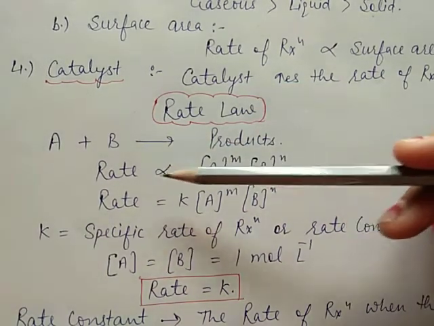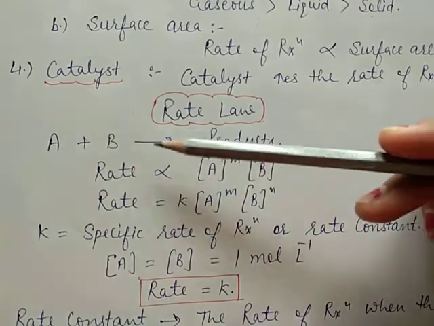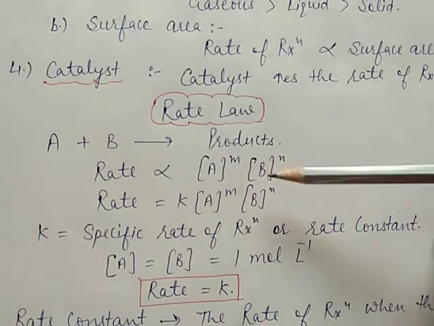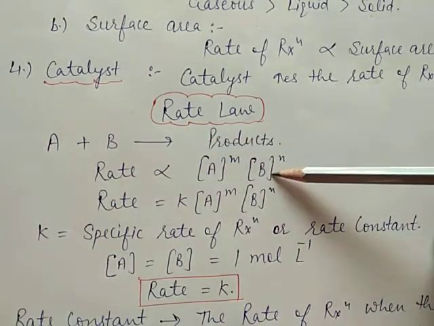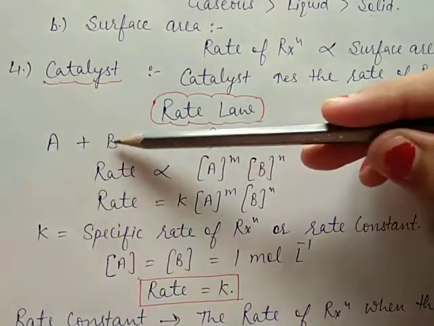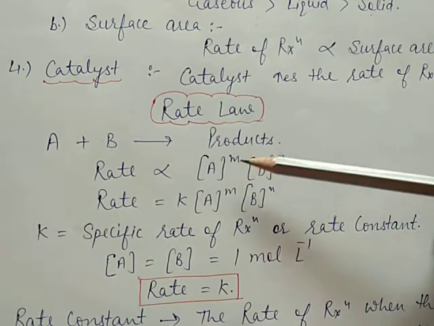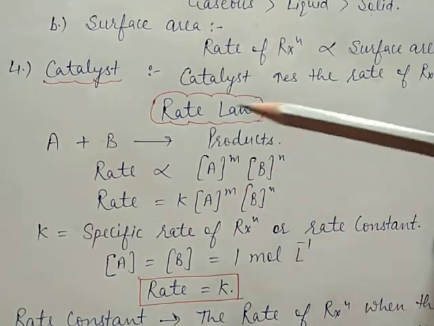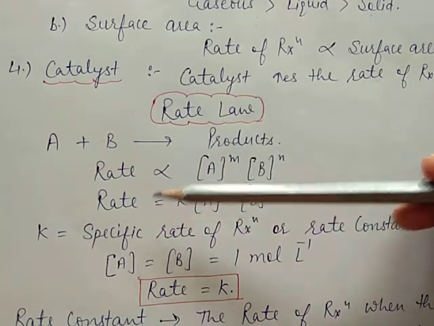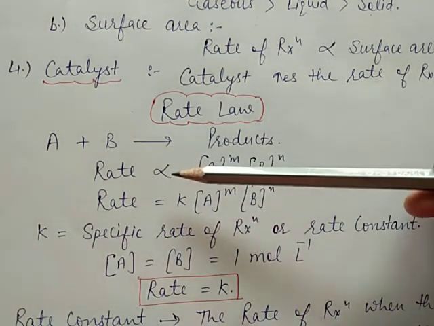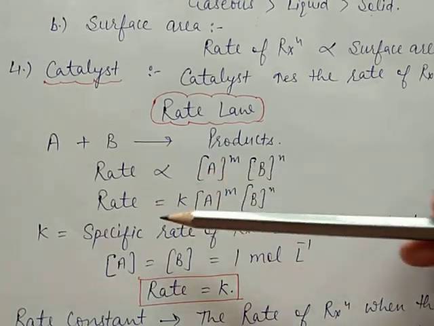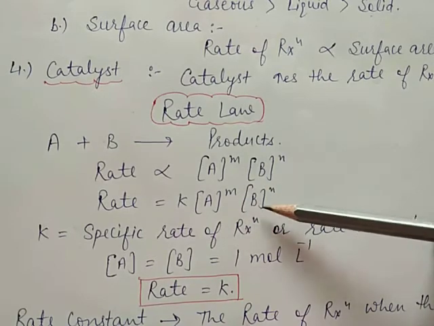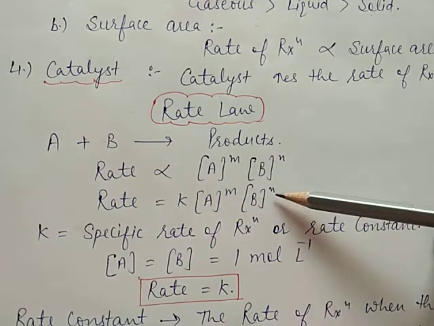So the rate is proportional to concentration of A into concentration of B, and m and n are the number of moles. After removing the proportionality sign, rate is equal to K into concentration of A to the power m into concentration of B to the power n.